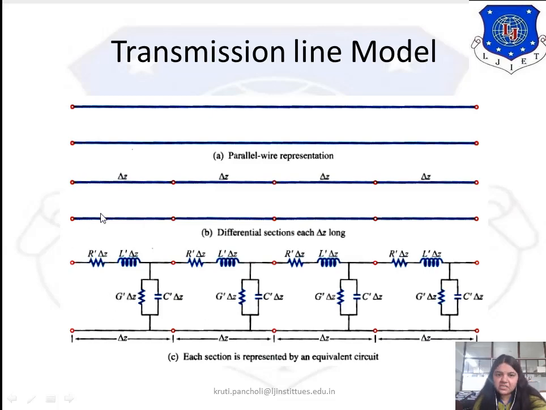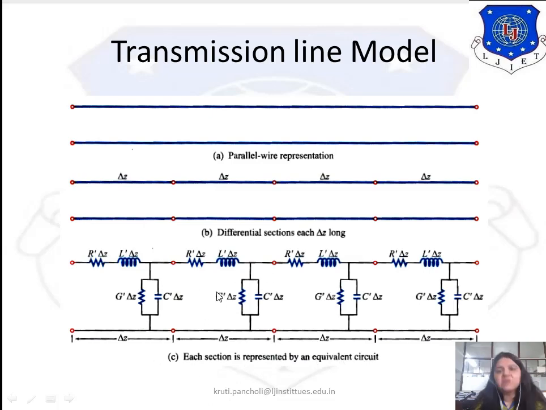In the transmission line you are not placing these components as circuitry, but in the parallel wire these four components are present in the delta Z part. So this delta Z portion again has the four components. In this way, each section is represented by an equivalent circuit.